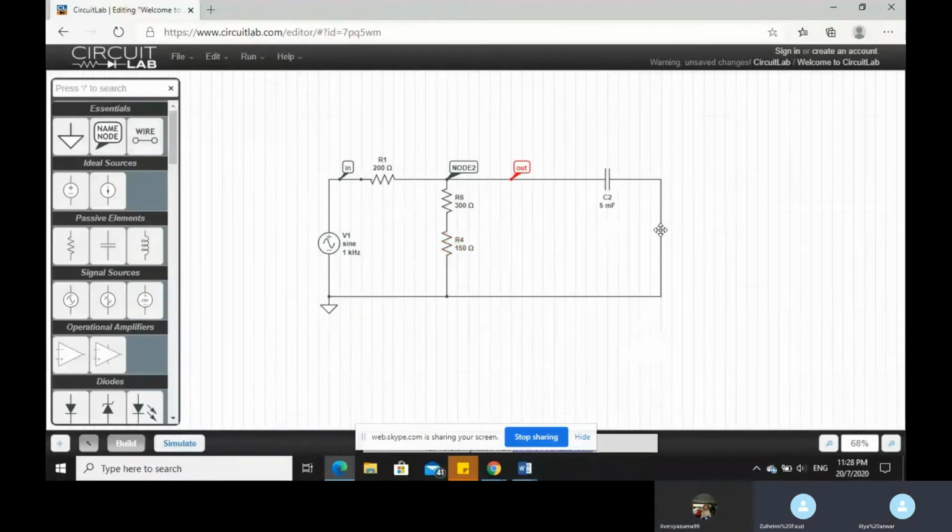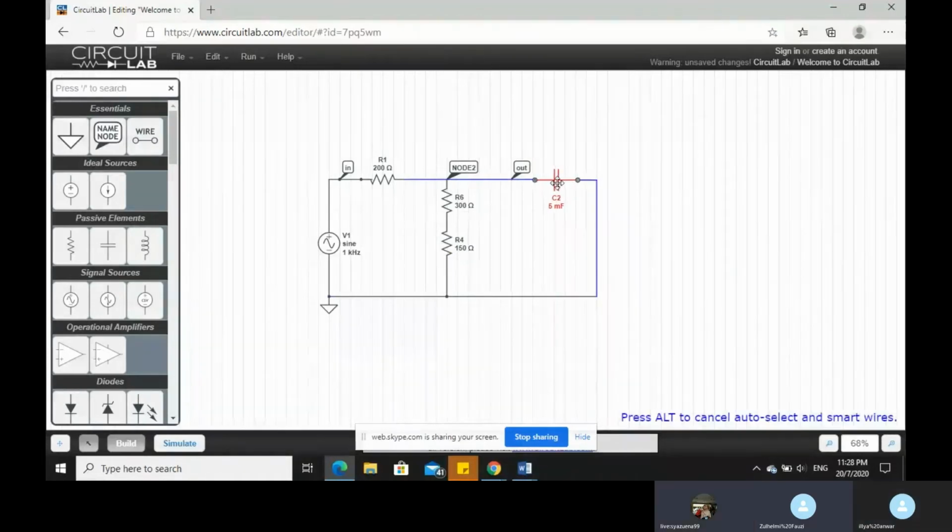After we create this, we just have three points to find out, where V in is the first point, V not 2 is the second point, and V out is the third point.